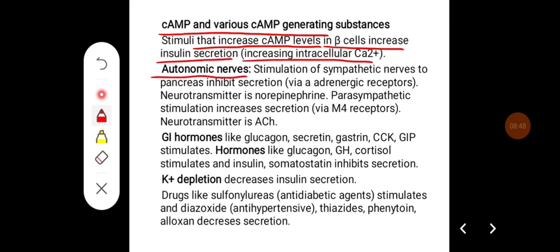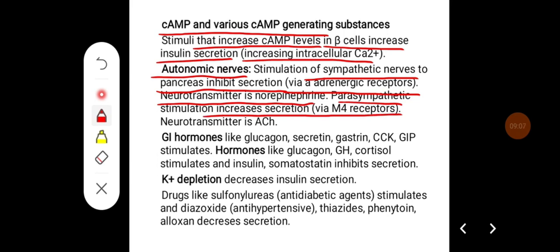Autonomic nerves: stimulation of sympathetic nerves to the pancreas inhibits its secretion via alpha adrenergic receptors, where the neurotransmitter produced is norepinephrine. Whereas parasympathetic stimulation increases the secretion via M4 receptors, where the neurotransmitter involved is acetylcholine.